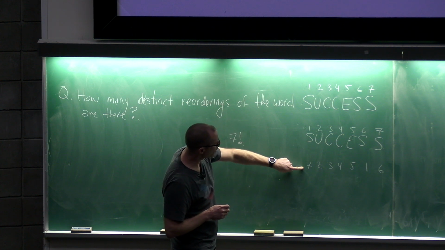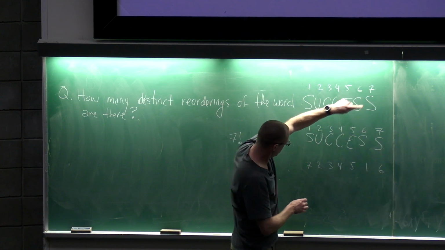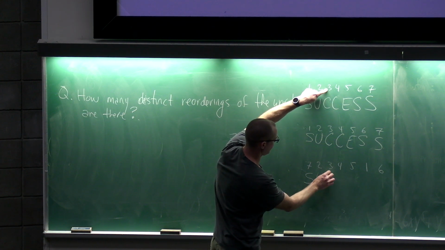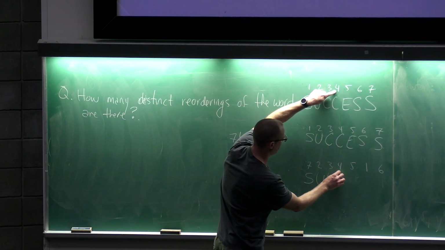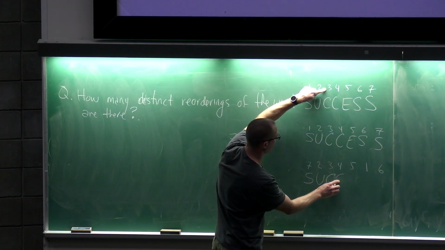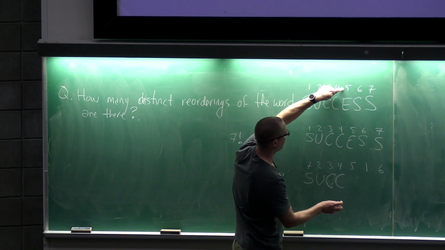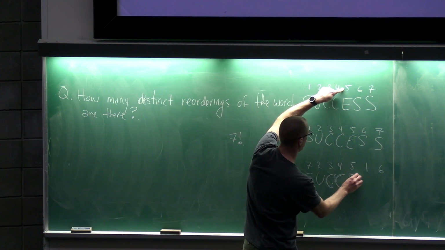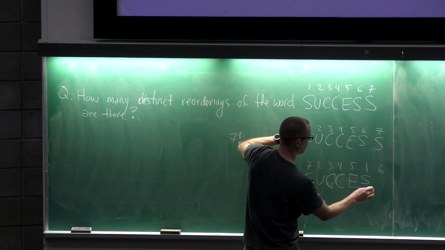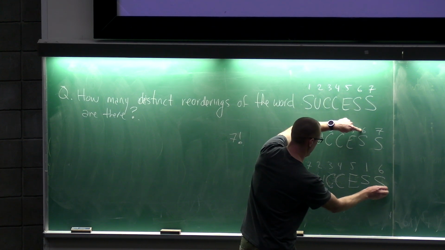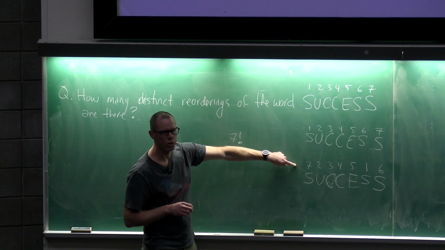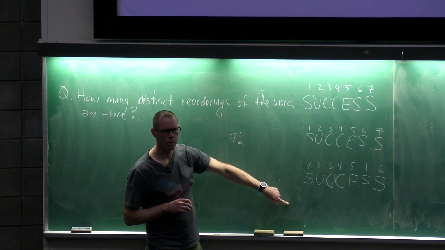Or if I use the second permutation, 7 goes to here, 2 goes here, 3 here, 4 here, 5 here, 1 goes over here, and 6 goes over here. Well, look what happens: 2 different permutations, but I actually get the same word.